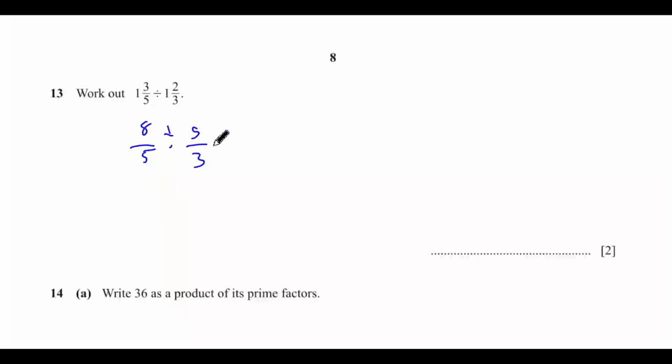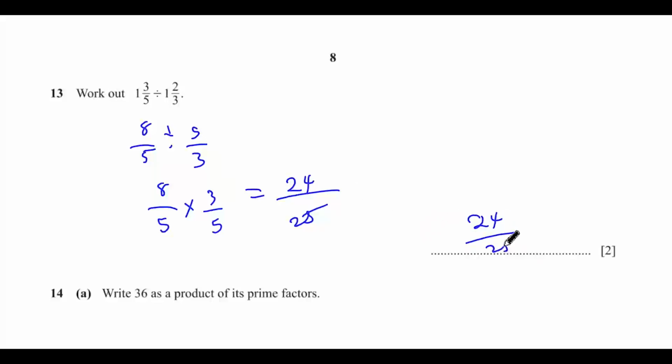Then the next thing is to change the sign of division to multiplication, then flip the fraction. So that will give us 8 over 5 times 3 over 5. So this will give us 24 over 25. So that will be the final answer here, 24 over 25.